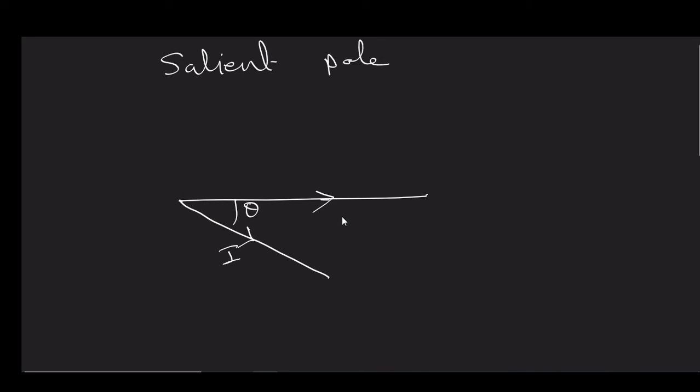For sake of simplicity, I'm just disregarding the R. So we are having this I, and thereafter we'll have ID and IQ. So let me draw ID and IQ.